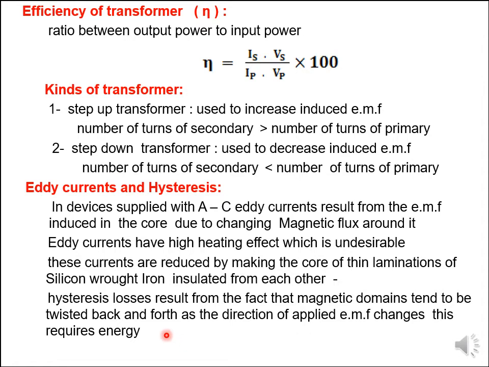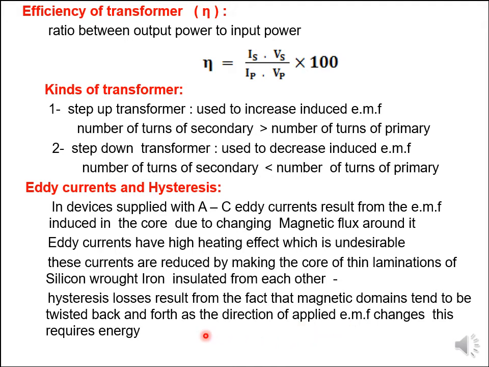What does this mean? The magnetic dominance, which are the small poles that exist inside the core, tend to twist back and forth, tend to move back and forth as the direction of applied EMF changes during the changing of the EMF.